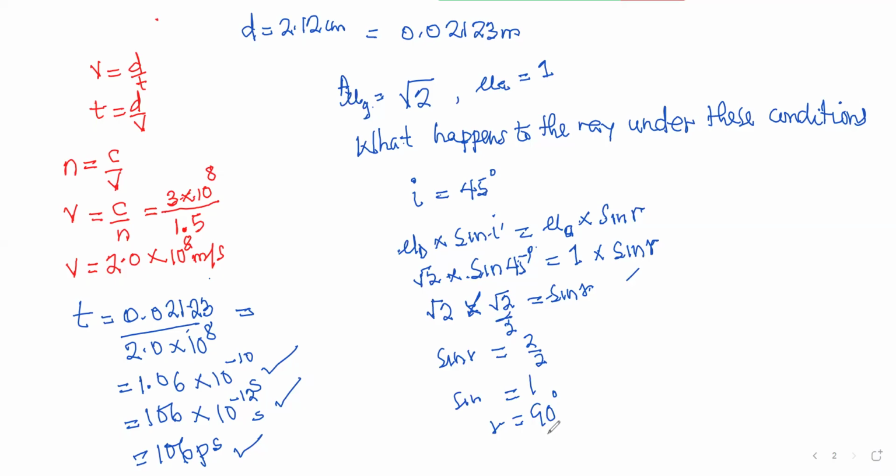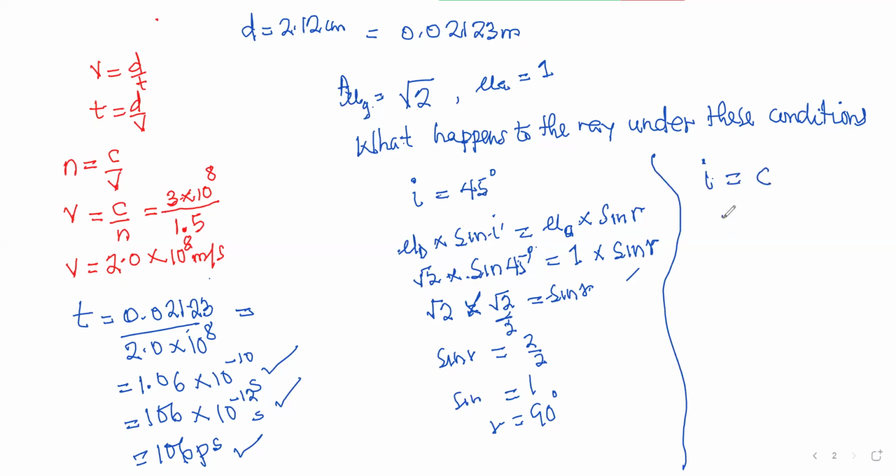So if light passes through a glass prism and the angle of refraction is 90, class, what does this tell you? It means that the angle of incidence is equal to the critical angle.